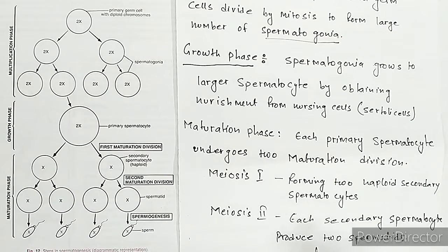In this, the spermatocytes which are formed will produce 2 spermatids each.